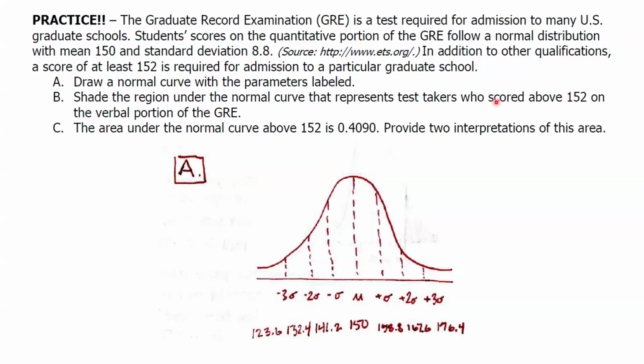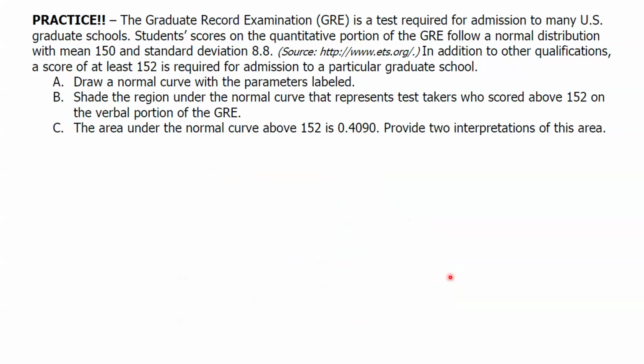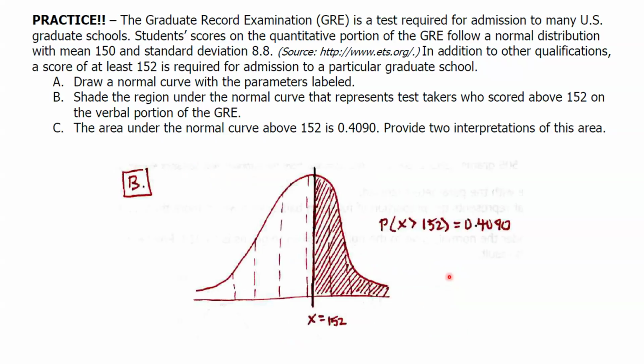Now we want to shade values that are above 152. So once we've drawn that line for 152, we would then shade everything under the normal curve to the right of that line, as you see here. So this shaded region then represents all of the values that are greater than 152.